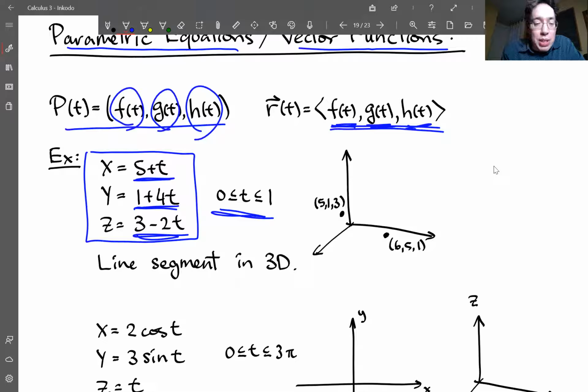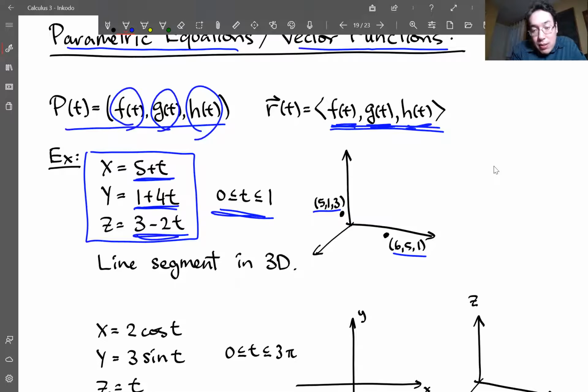If t is equal to 0, I get the point (5, 1, 3). If I plug in t equals 1, I get 5 plus 1 is 6, 1 plus 4 is 5, and 3 minus 2 is 1. So I get the point (6, 5, 1).